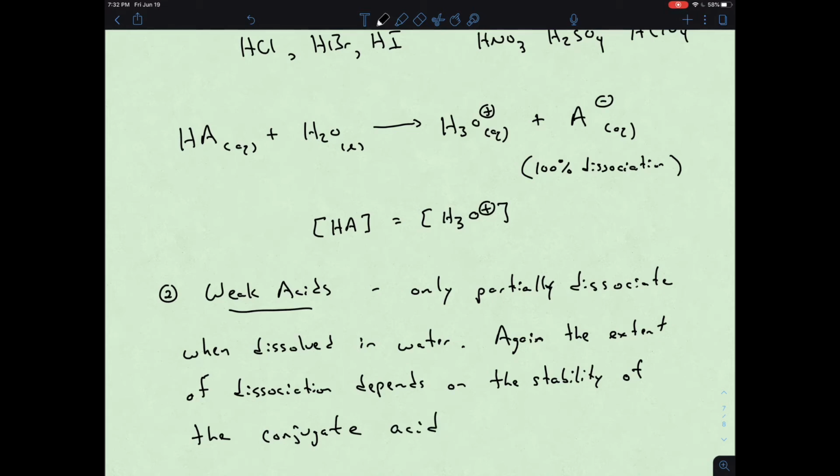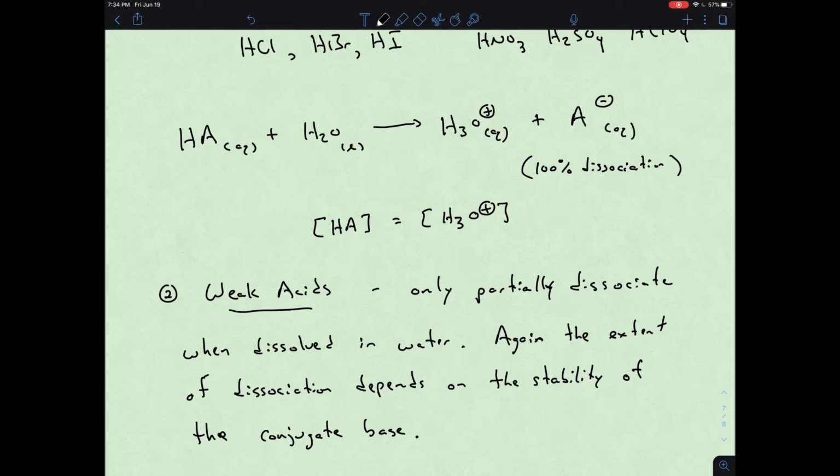So it's that stability idea that really helps the process along with weak acids, as well as with strong. Strength is dependent on the stability.